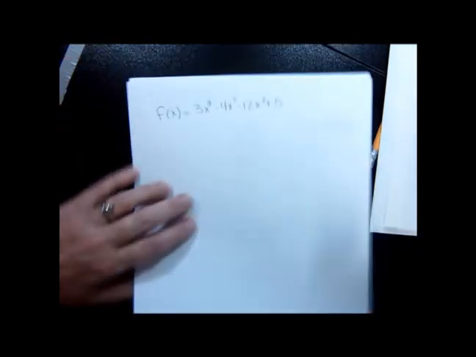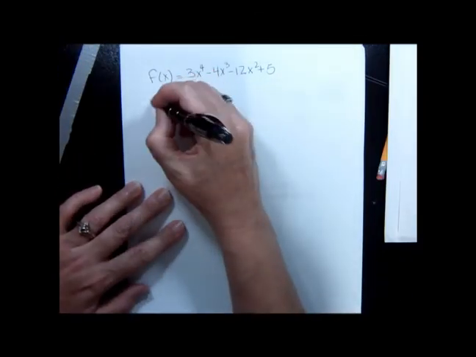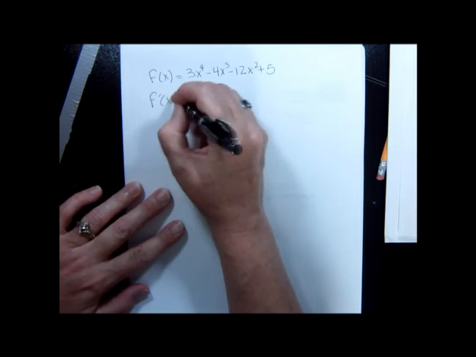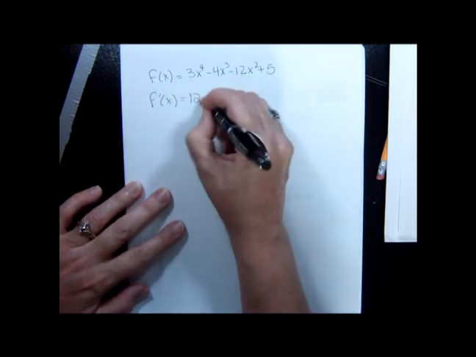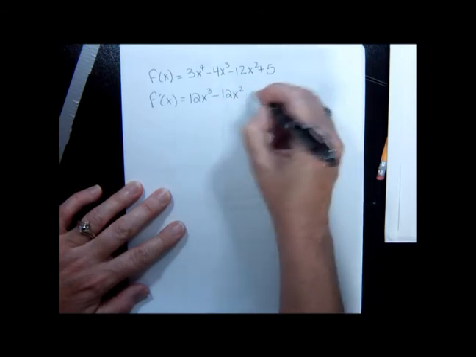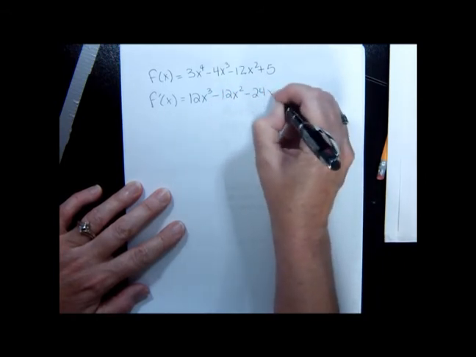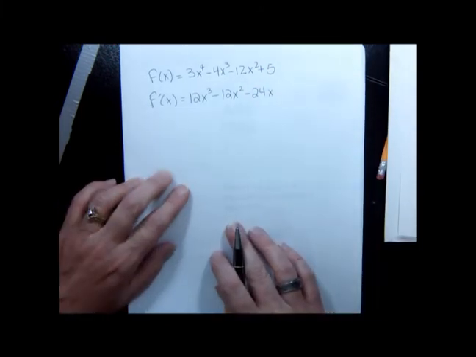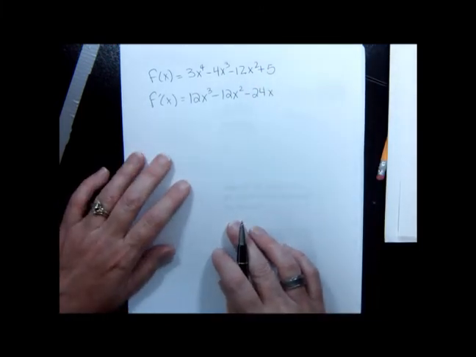So the first thing that we're going to do, oh, I know you can't see. And now I need to take the first derivative. And when I do that, I'll have 12x cubed minus 12x squared minus 24x. And the other is gone. So I can factor out a 12x.